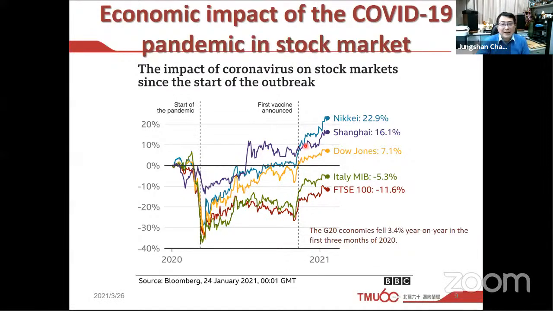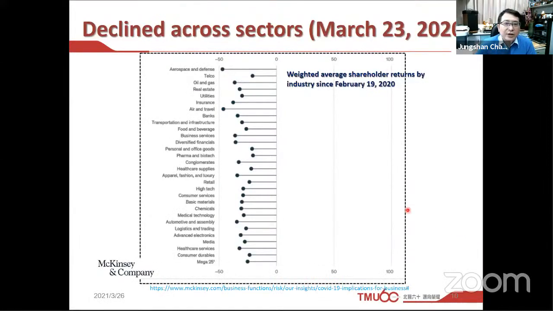Industry was hit so hard. You can see the shrinking per share. Some industry sectors are down more than 50%, for example airlines and traveling. This business is suffering hugely.